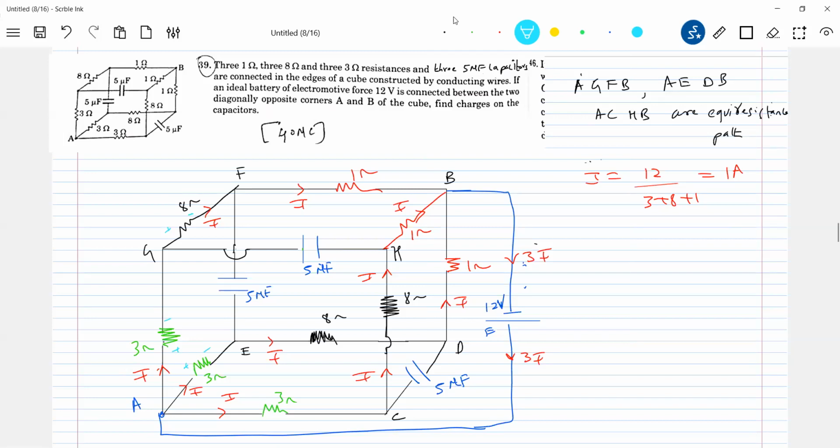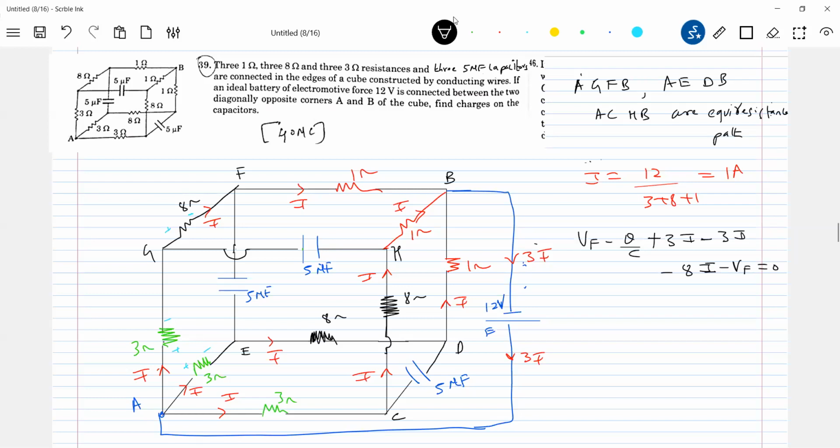That depends upon VEF. I'll write the potentials like this. KVL, I'll write it: VF minus Q by C, the capacitance, plus 3I minus 3I minus 8I minus VF equal to 0.